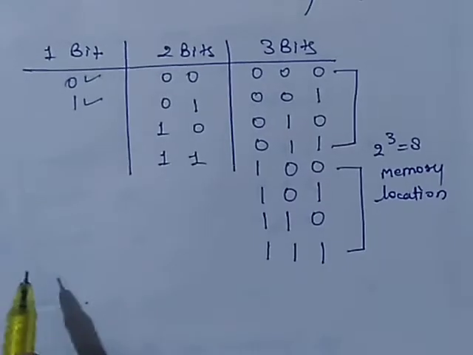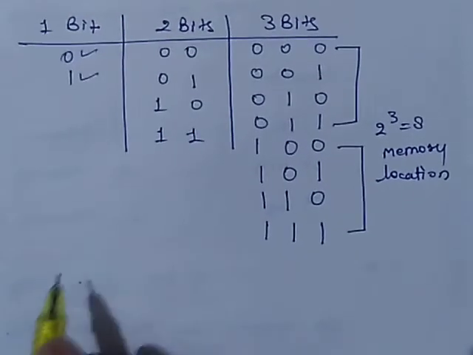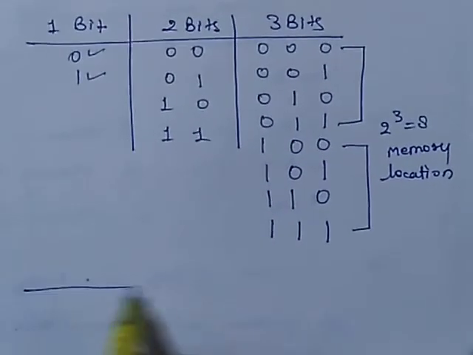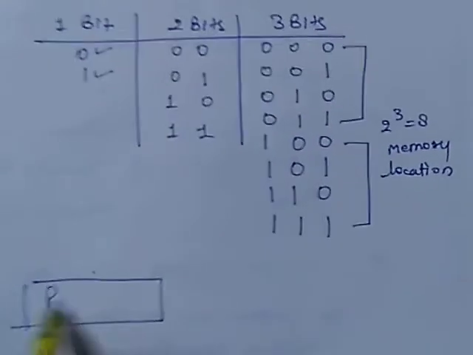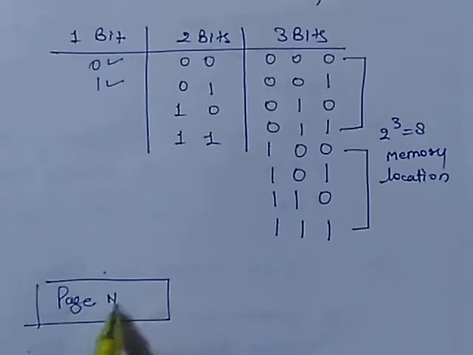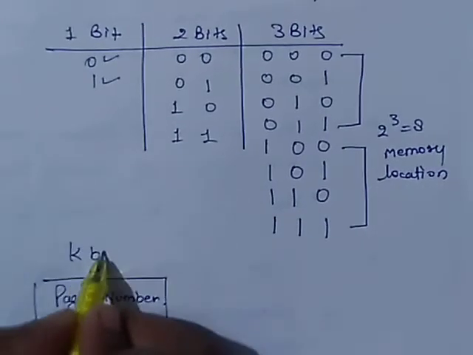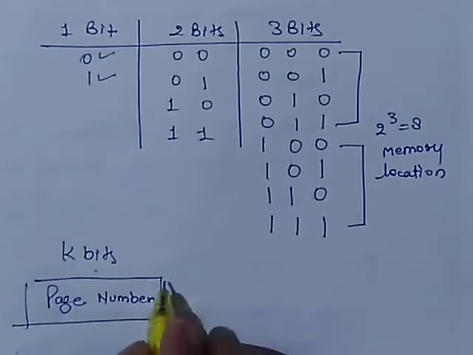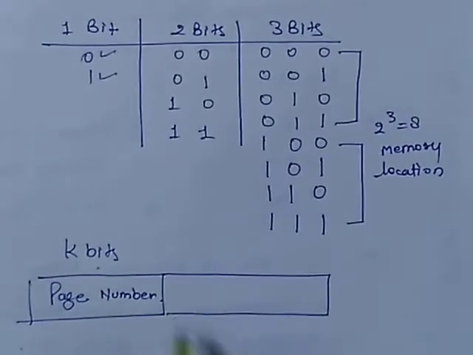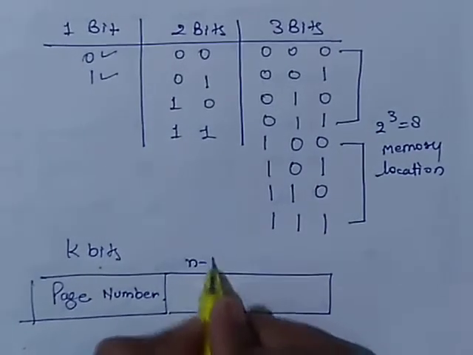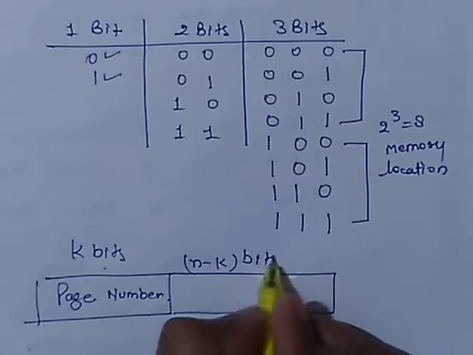Now one thing we have to know, suppose we have a page number that is of k bits, and we have n minus k bits.